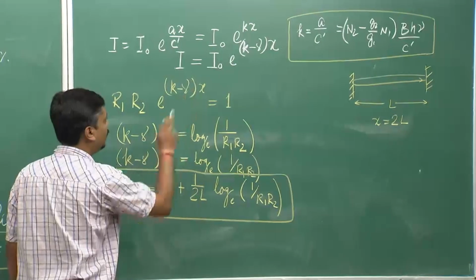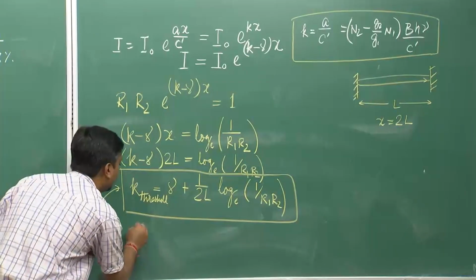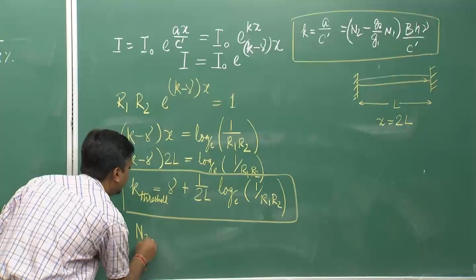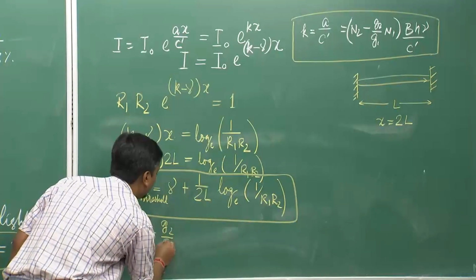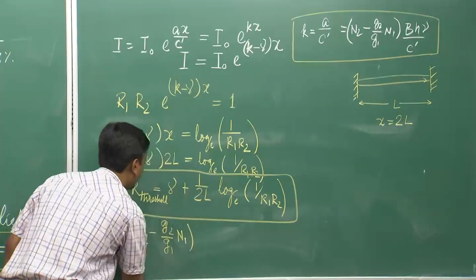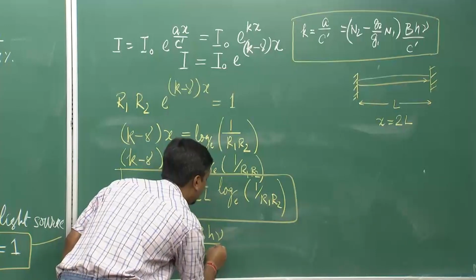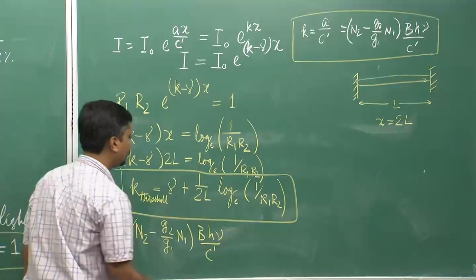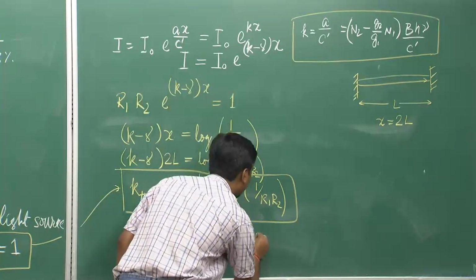So, what I need to have here is, into minus G2 by G1 C prime should be greater than this.